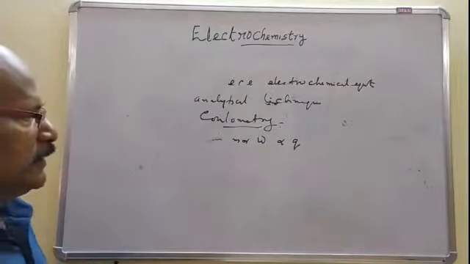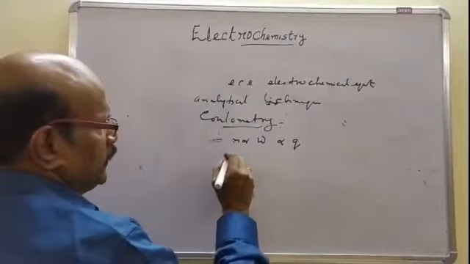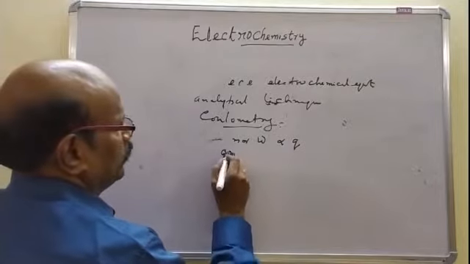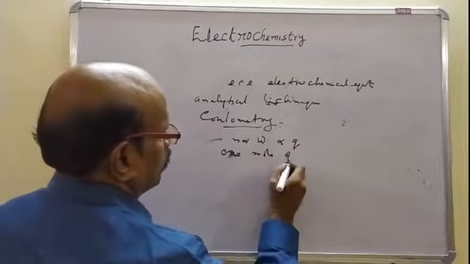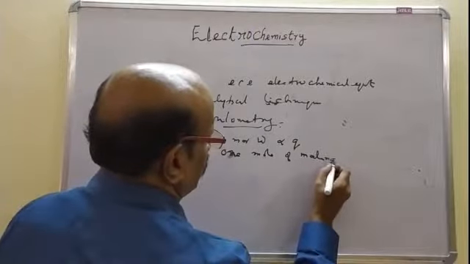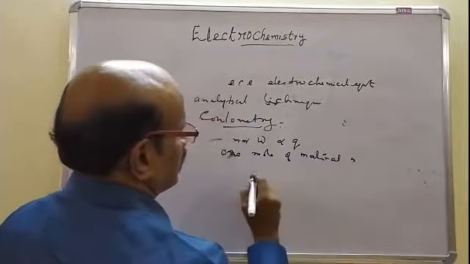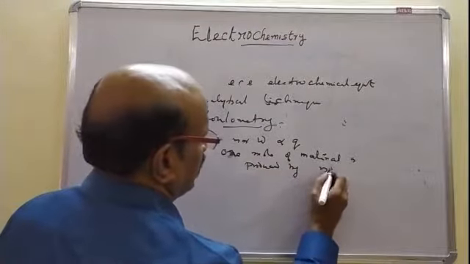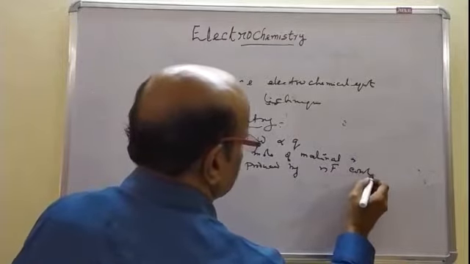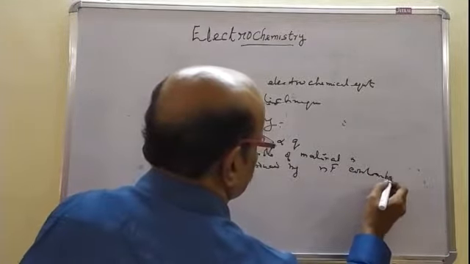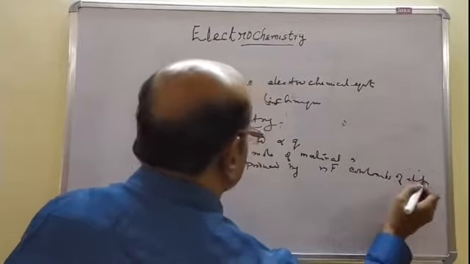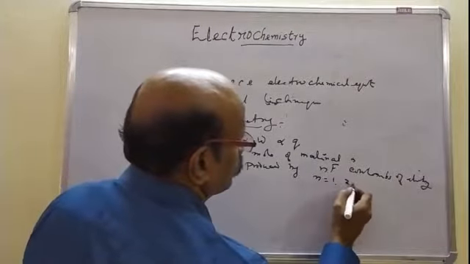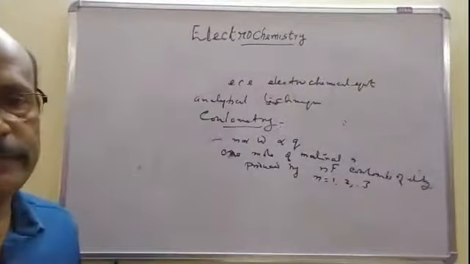The equation is that 1 mole of material is produced or deposited by nF coulombs of electricity, where n is an integer, 1, 2, 3, etc., which stands for the valence of the material.